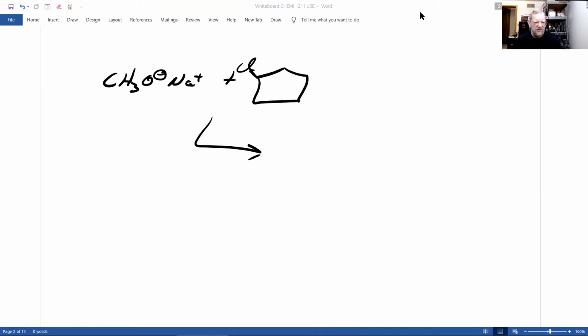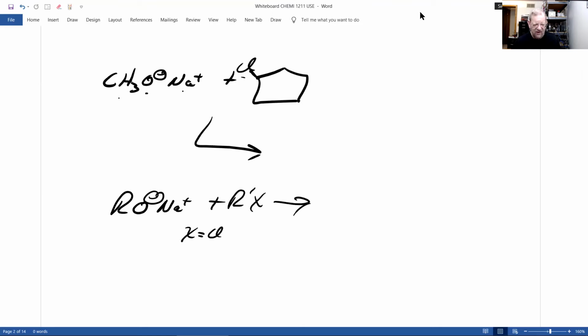All right, question is, what's the organic product or products that are following? If we look here, carbon, oxygen minus, sodium plus, alkoxide. And I look here, a ring, carbon, carbon, carbon with a halogen, alkyl halide. Williamson ether synthesis. Remember, X can be chlorine, bromine, or iodine.